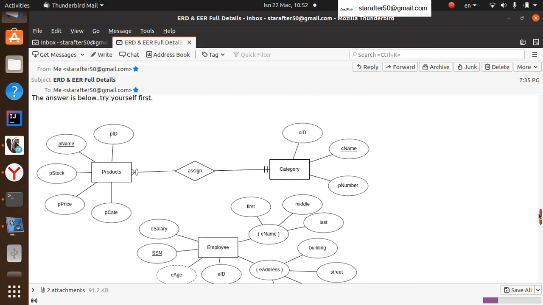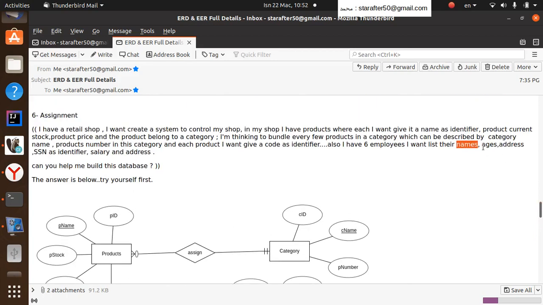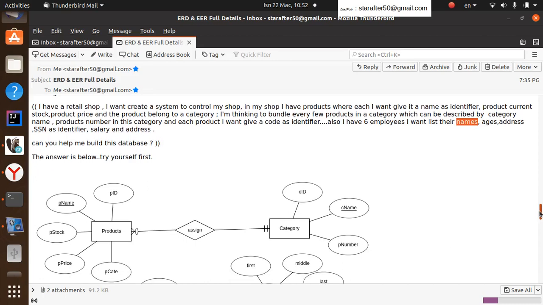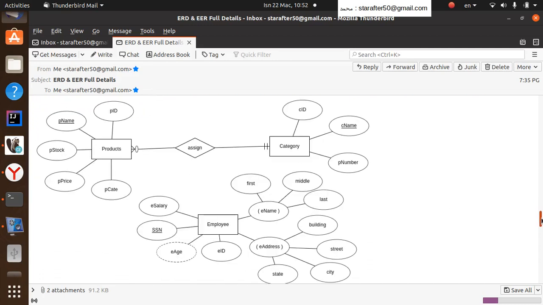So even though he didn't say something like I want the age to be derived, or the address to be composite, or the name to be composite, you figured this out from his talk, that the name could be composite, the address could be composite, the age could be derived.